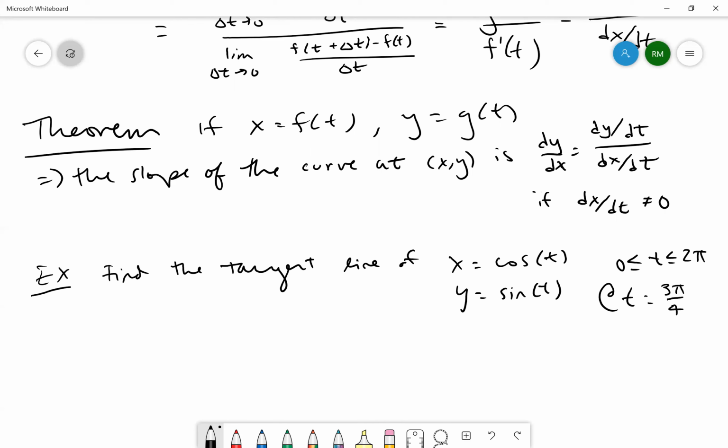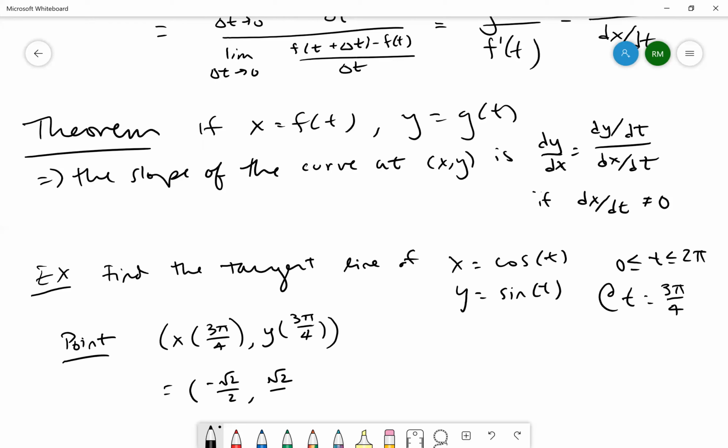So the first thing we need is our point. That's the first thing we always need with a tangent line. We plug 3/4 pi into x. We plug it into y. And I think you'll see that you get negative root 2 over 2, root 2 over 2.